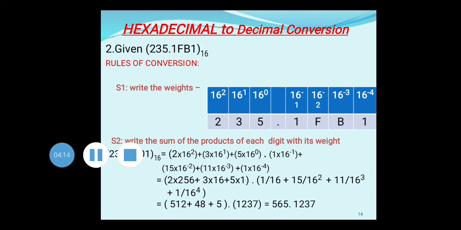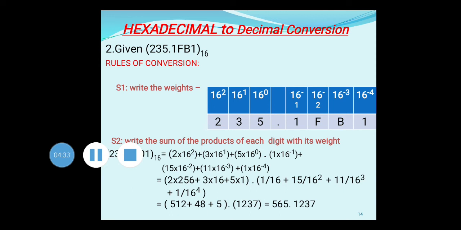Above 5 you start with 16 raised to 0, then 16 raised to 1, 16 raised to 2 as shown, and the fractional part starts from 16 raised to minus 1, 16 raised to minus 2, 16 raised to minus 3 and 16 raised to minus 4.